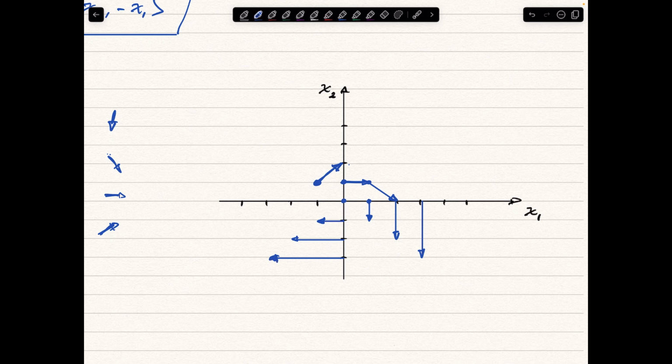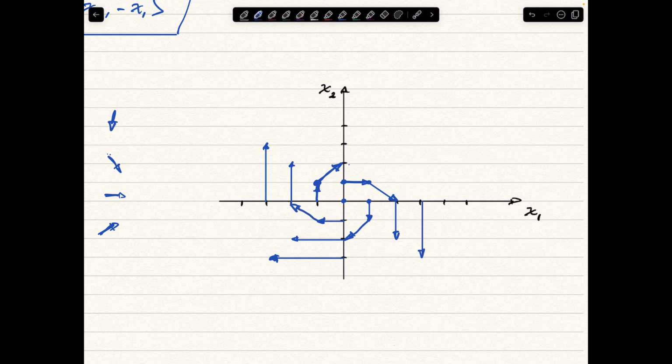The same is going to happen here. We are going to have a vector like this, and here a vector longer like this, and here a vector with component 3 like this. See what is happening, and then if you complete, for example, here you're going to get a vector like this, here a vector like this.